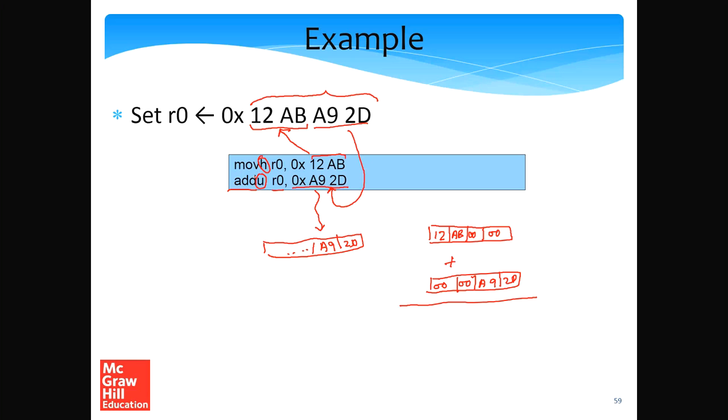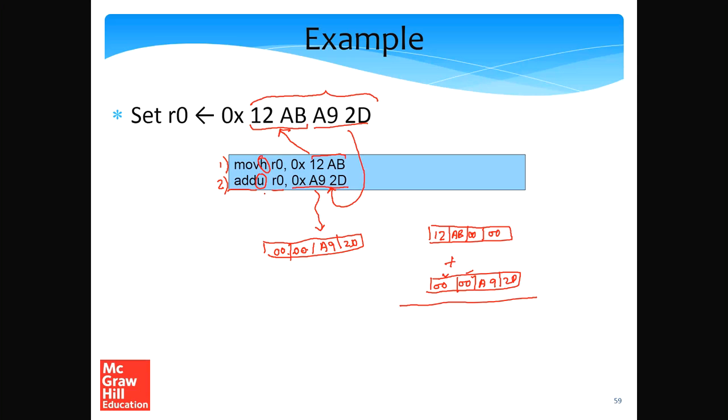So in this case, this is instruction 1 and this is instruction 2. In the second instruction, we use the U modifier to actually expand A9 2D internally into A9 2D, and the upper two bytes are 0, 0 and 0, 0, which is exactly what we want. Right? Had we not given the modifier, we would have gotten the wrong answer.